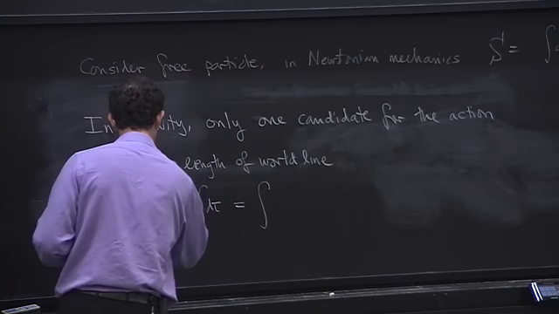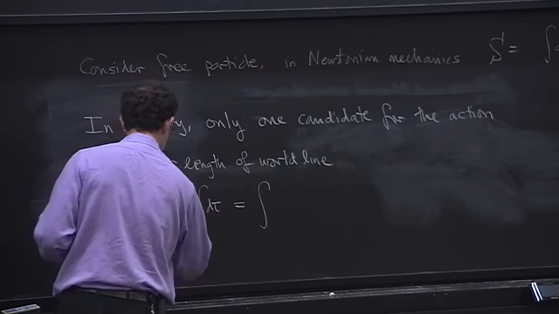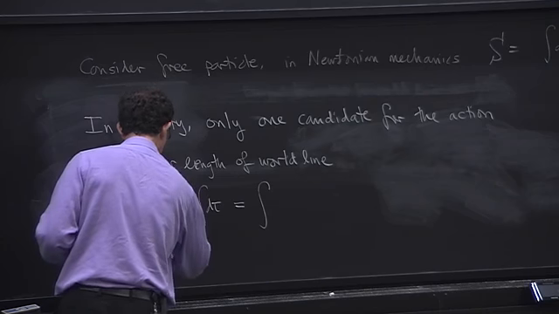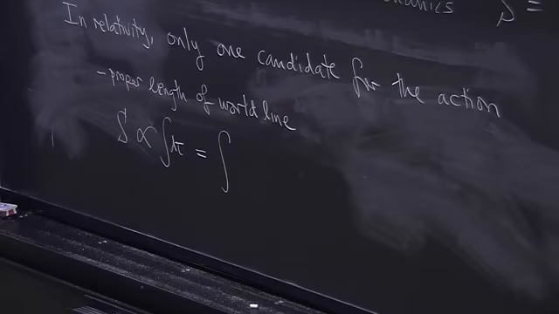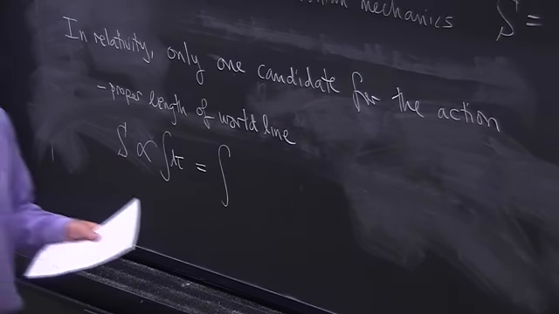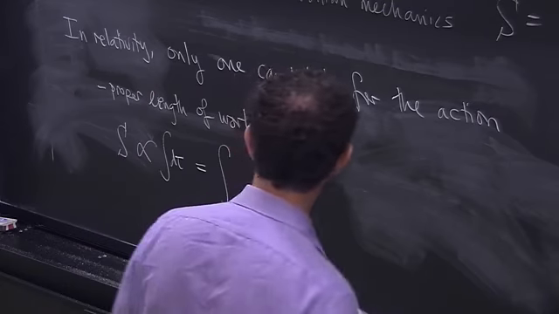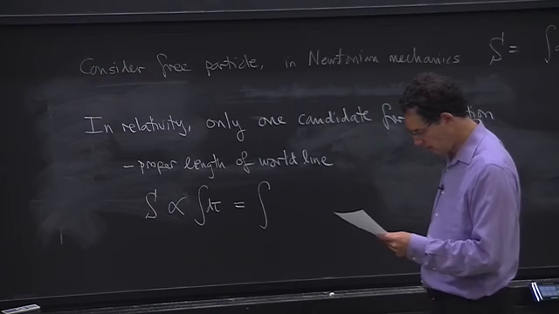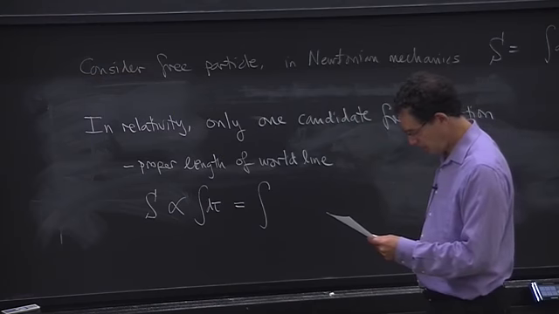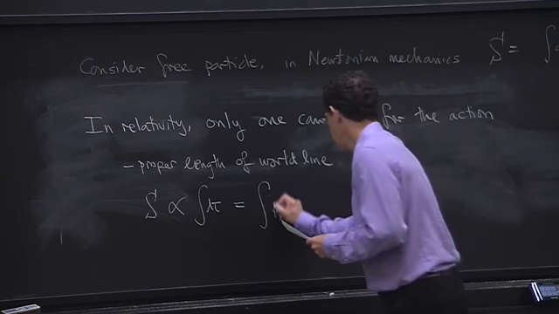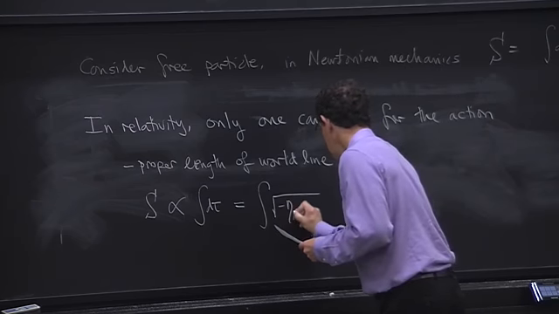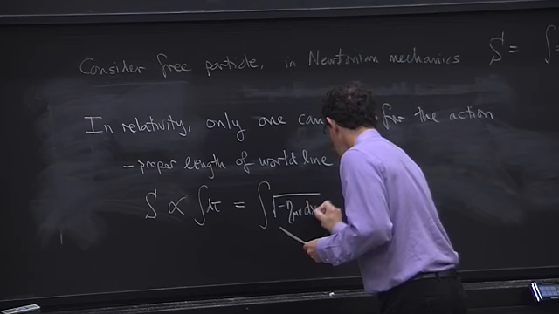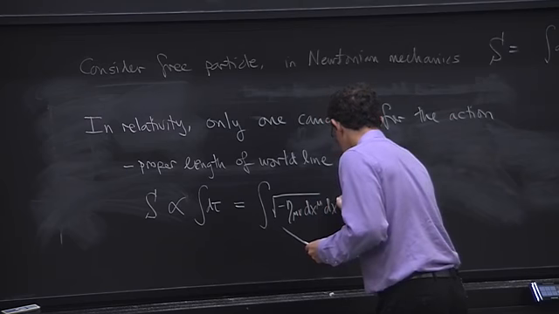So the only possible candidate is that S is proportional to this quantity. There may be a constant there. There's nothing else we can write down which depends only on the trajectory of this particle and is Lorentz invariant. And this is the square root of minus eta mu nu dx mu dx nu.